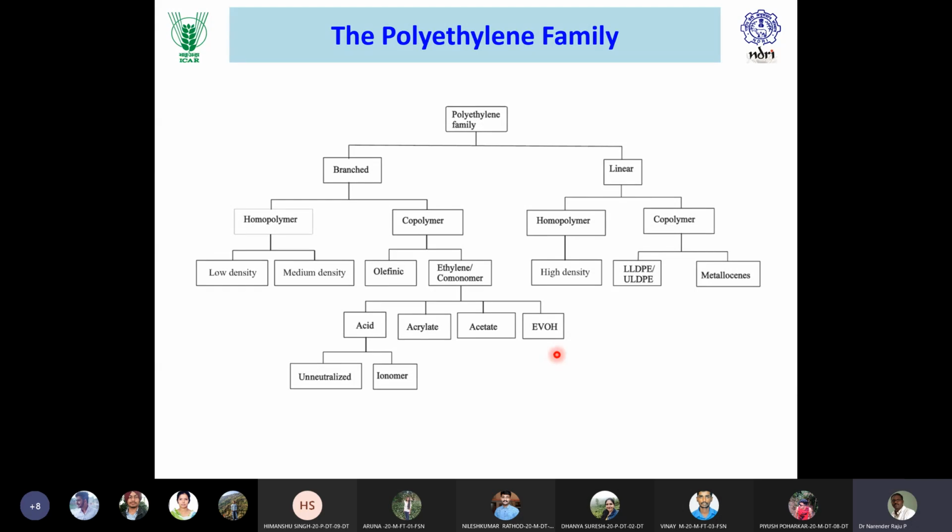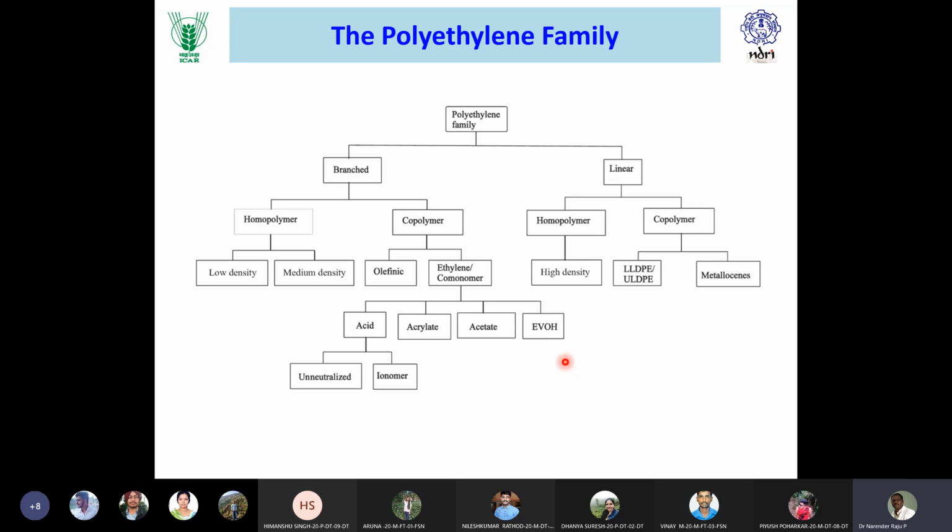Now, as I just mentioned, because of the presence of the hydroxyl group, it has an ability to interact with several other materials, especially with water. Whenever such EVOH based materials are dipped in hot water or in other applications where they are exposed to water, you find that their mechanical properties are also partially affected.